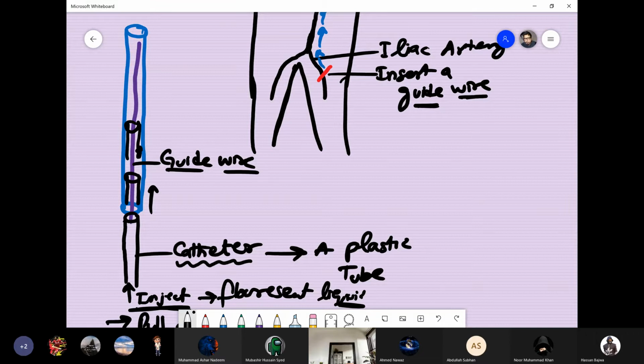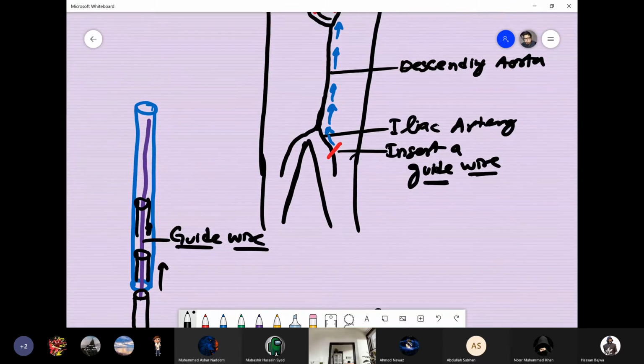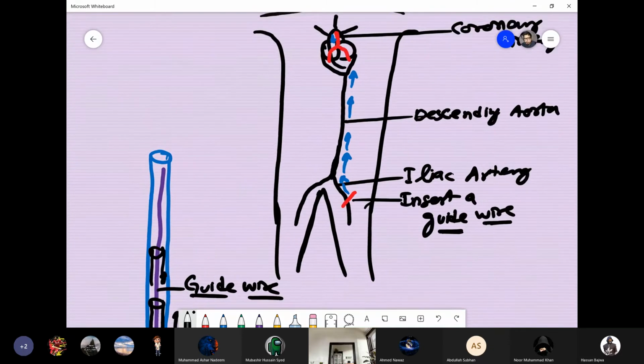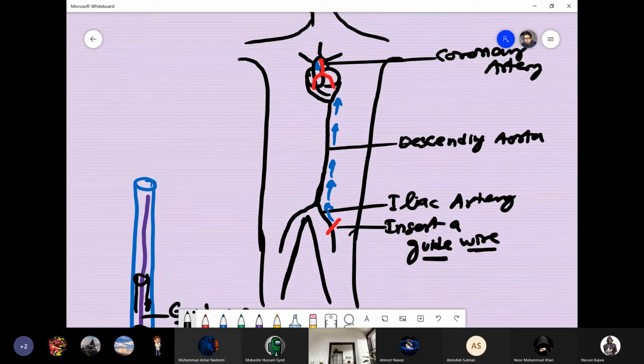Once they inject the fluorescent liquid, with the help of ultrasound and x-rays, they keep on detecting in which part of the heart the liquid is flowing freely and which part of the heart the liquid is not flowing freely and is going less.